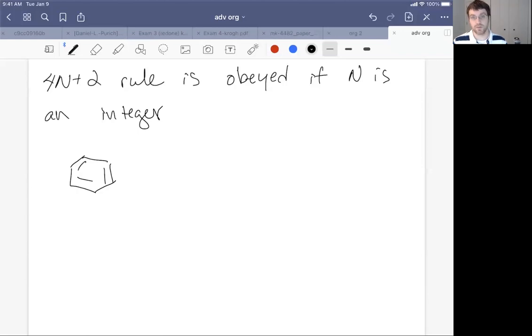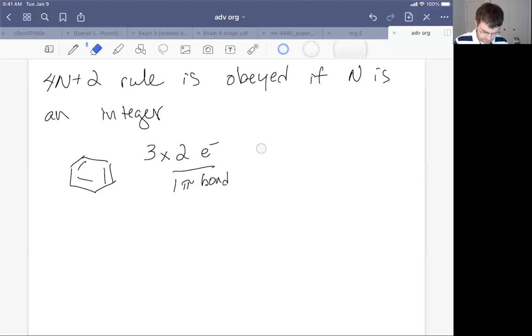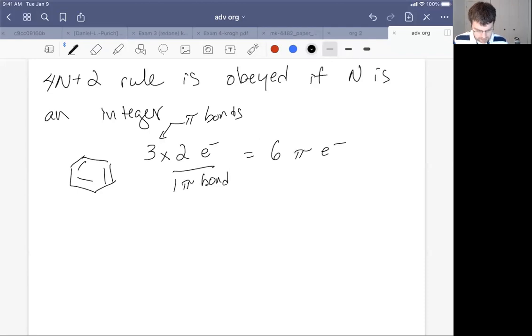We have 3 double bonds, so that's 6 electrons total in the pi system. Quick conversion factor: 3 pi bonds times 2 electrons per pi bond is equal to 6 pi electrons.